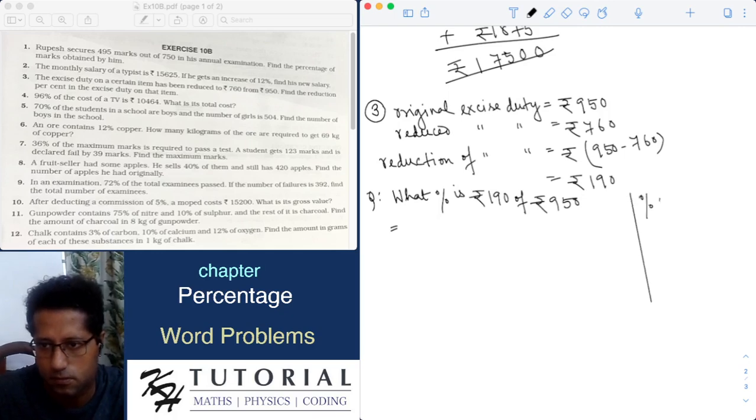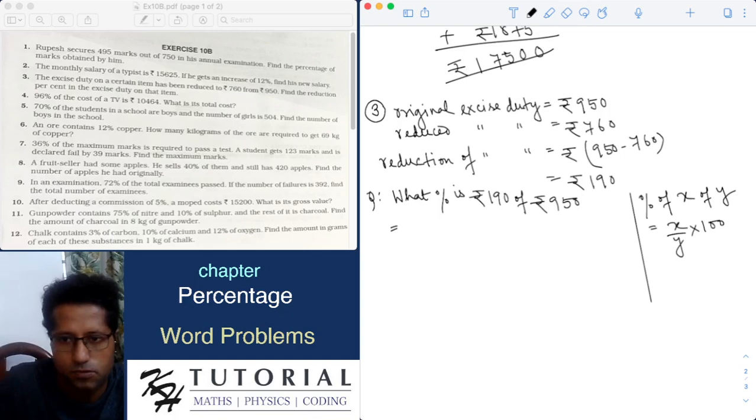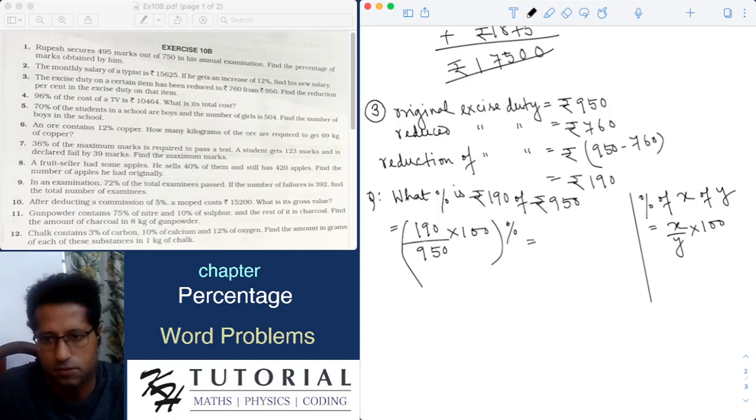We know the formula: percentage of x of y equals x by y into 100. So this will be 190 divided by 950 multiplied by 100. The 0s cancel, 19 divides 95 five times, and 5 divides 100 twenty times.